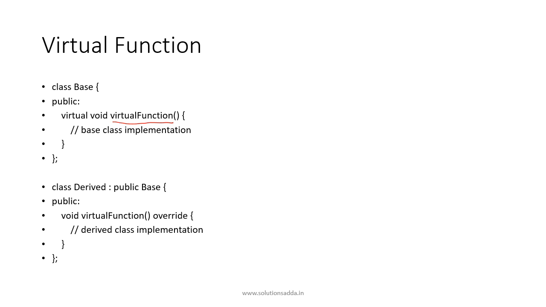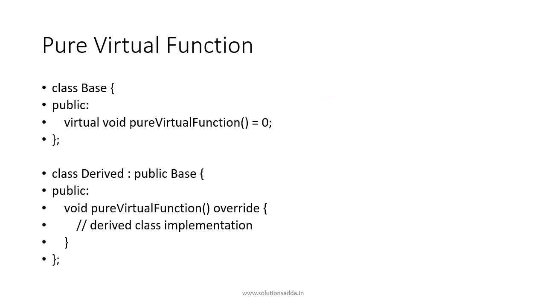When a virtual function is called through a base class pointer pointing to the derived object, the derived class implementation is invoked, demonstrating polymorphism. Now let's see a pure virtual function. In C++, the basic declaration is based on this. So this is the basic concept regarding a virtual function and a pure virtual function.